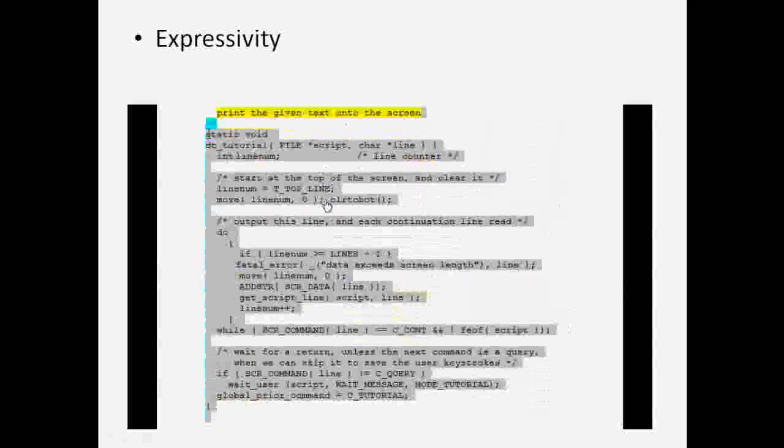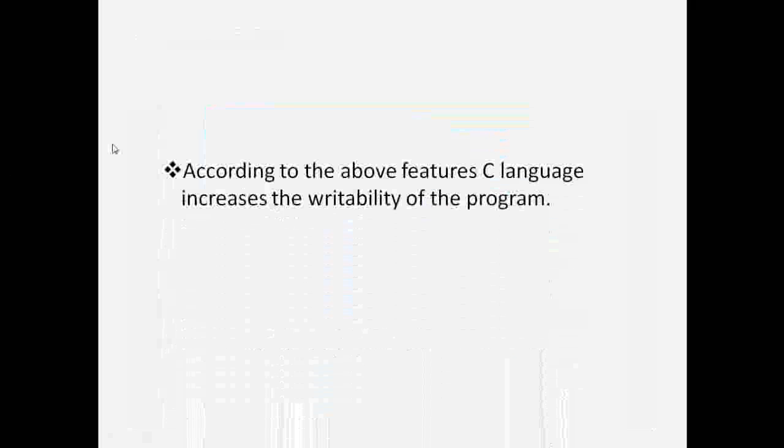You can see the program has implemented the task using a small number of lines of code. When considering abstraction and expressivity, we can say both of these factors increase the writability of the program by using the language C. The last criteria we are going to talk about is reliability.